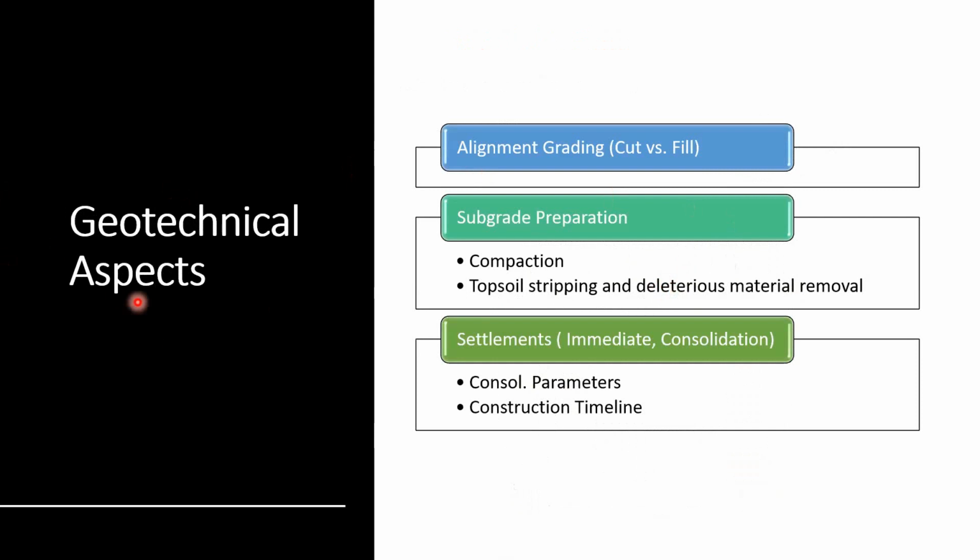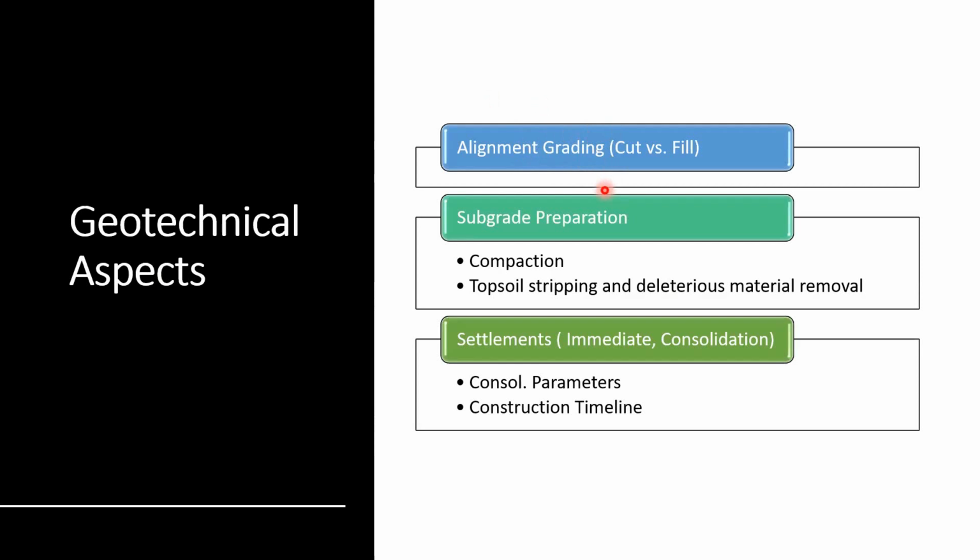Some of the additional geotechnical aspects now. Hopefully, if you follow these steps, you're comfortable with your thickness of the ballast slash sub-ballast, and you know what granular type you're going to use. Then come additional aspects that as a geotechnical engineer you're expected to look at. The alignment grading, this is something that you often work on with the civil designers.